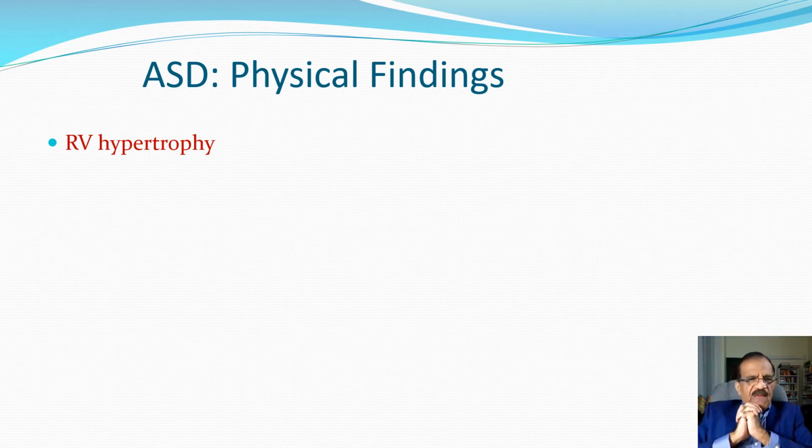What do we mean by volume overload? If a ventricular chamber, in this case the right ventricle, receives more blood during diastole, it will fill more. If it fills more, it will contract with more force, and that will ultimately lead to hypertrophy.